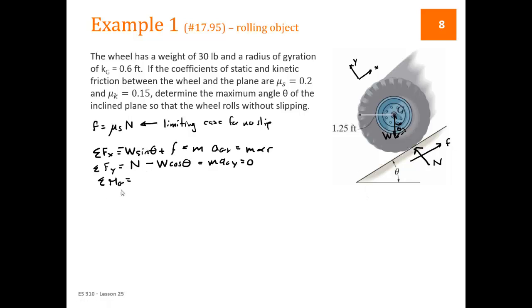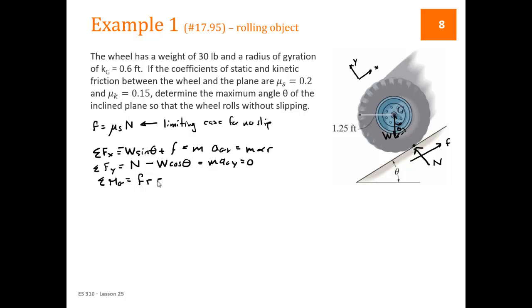And we have the sum of the moments around G. We picked G. We could have also picked this point, which is our instantaneous center of zero velocity. But working with G, we've got the friction times r, which is going to give us a positive moment, and that's the only force on this wheel that's going to give us a moment.